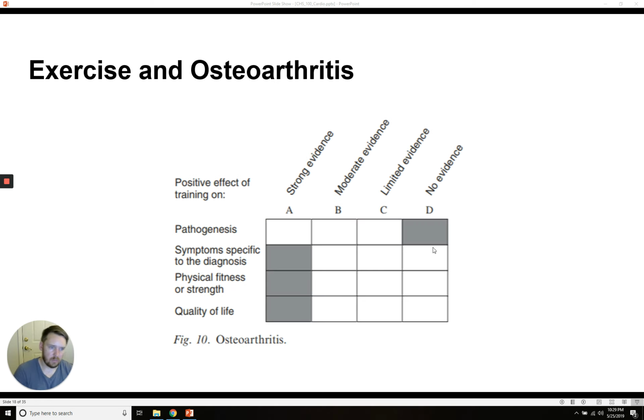Osteoarthritis, no evidence for preventing it from a mechanistic standpoint, but strong evidence across the board for symptoms, improving fitness and strength, and quality of life. So with all these, I didn't go through every single one. If you want to go through every one that they looked at in the study, there is a link to the study in the learning materials.